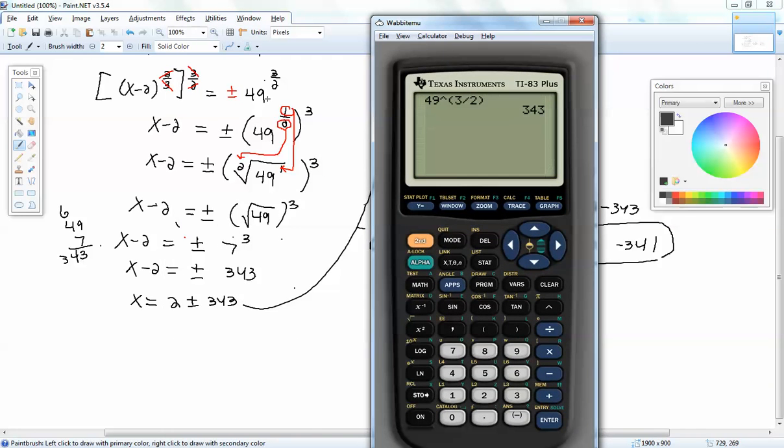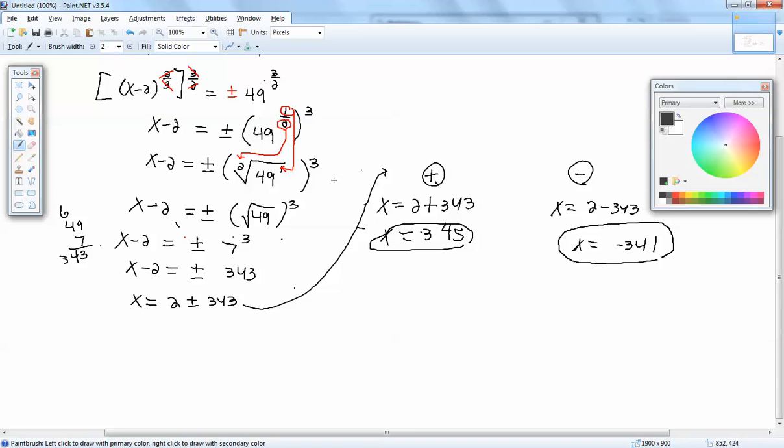Notice how we went from 49 to the 3/2 and we came up with 343. The trick to it is if you have more than a single number or a single variable in your exponent, you have to put parentheses around it. So that's why I put parentheses around the 3/2. And anyway, that's how you would work a problem of that type.